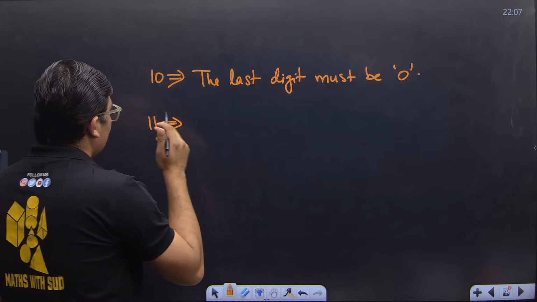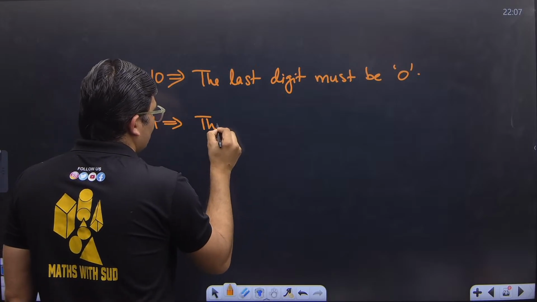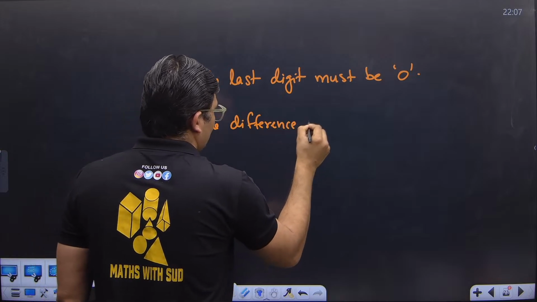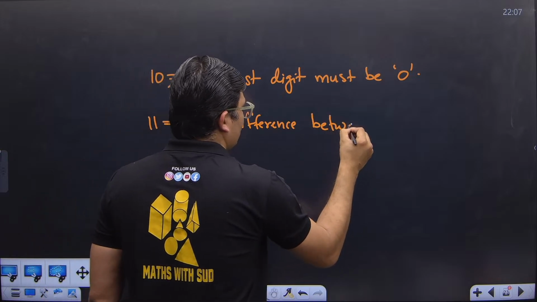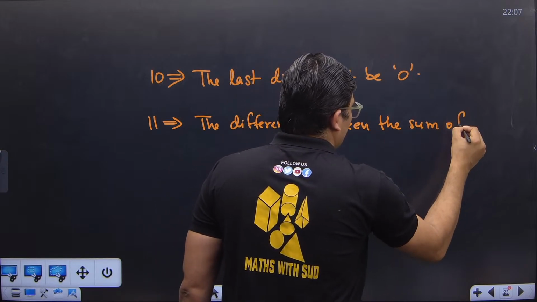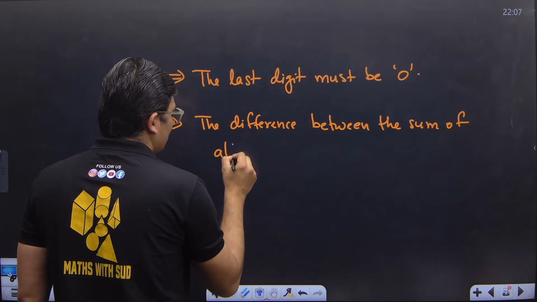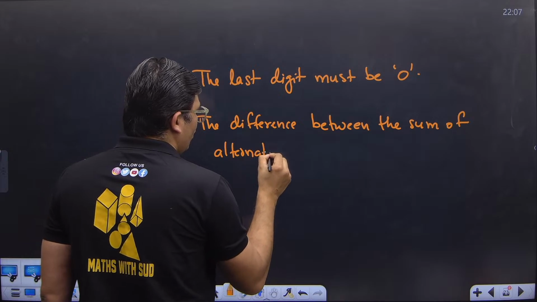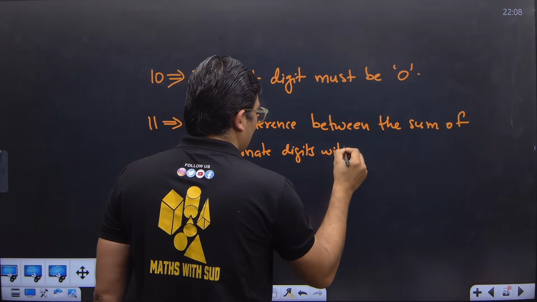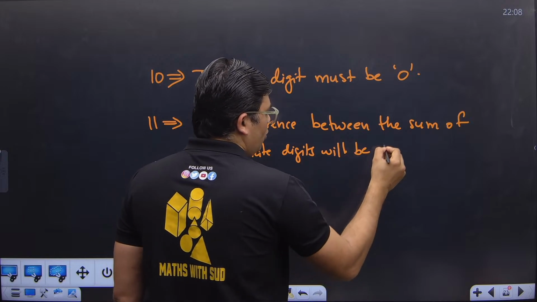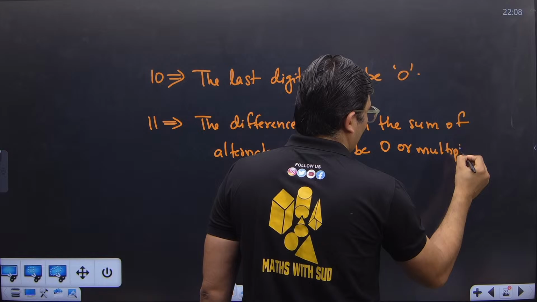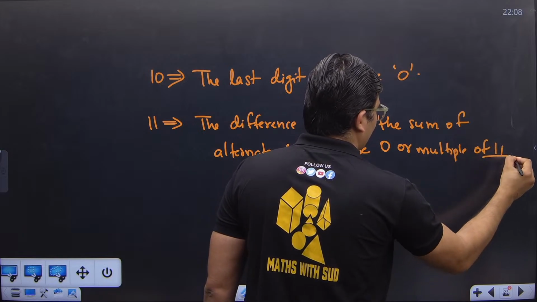Okay, so we will say the difference between the sum of alternate digits will be 0 or a multiple of 11.